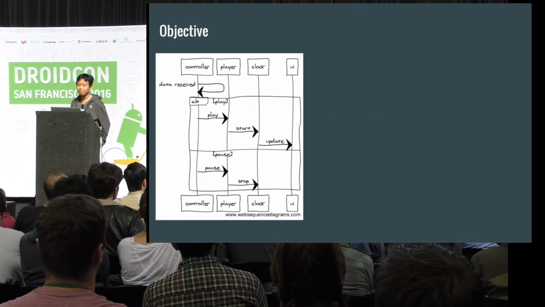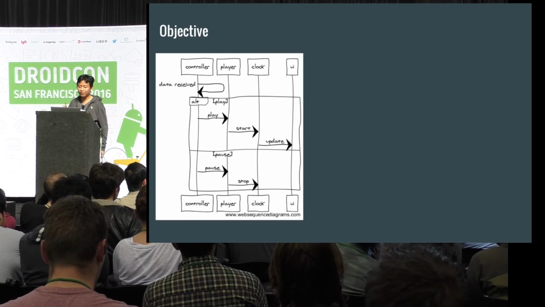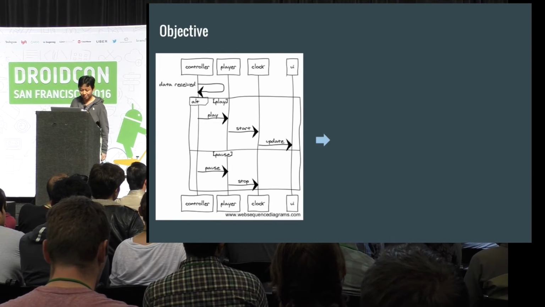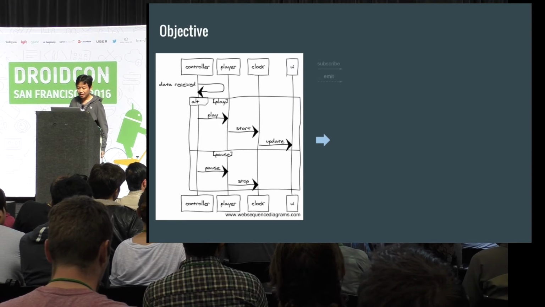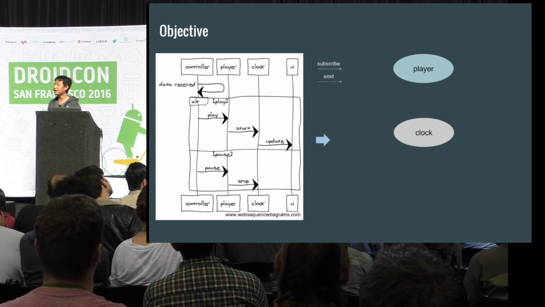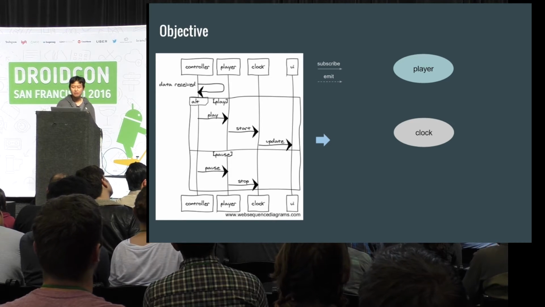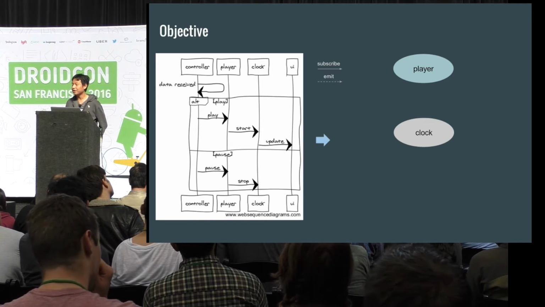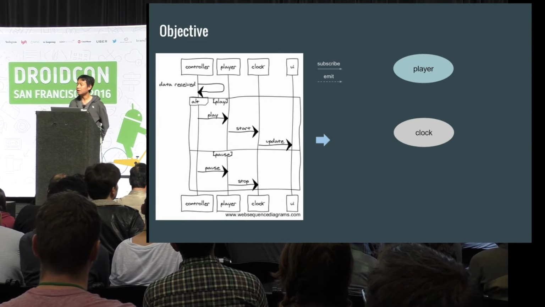What I'm going to say about this. The first one is, if you remember how we update the UI. So we try to solve the problem of player and clock. As in the first slide, I argue, why does the player need to know about the clock?